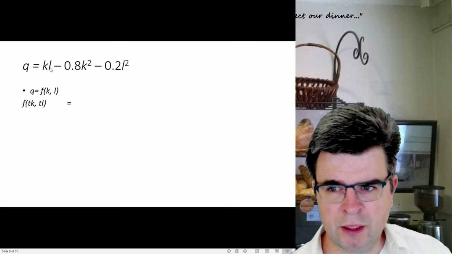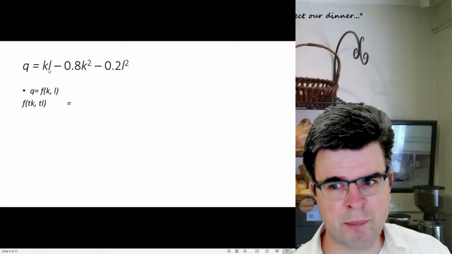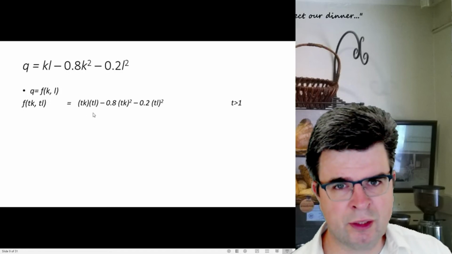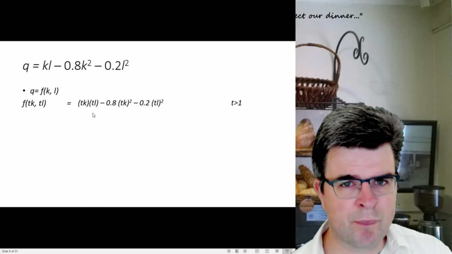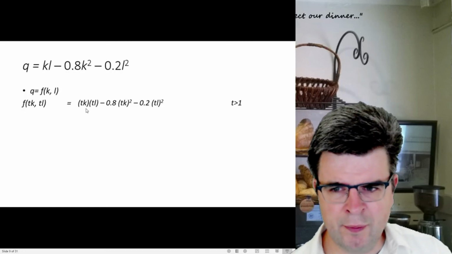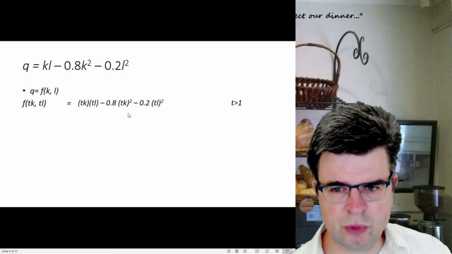So you replace K and L each with TK and TL, and then you solve this equation. The trick always is to arrive at a certain multiple of the original production function by wrapping all the terms with the T's together.